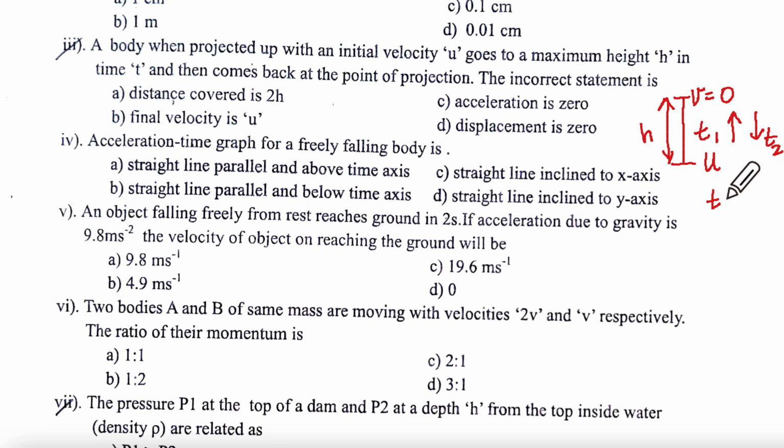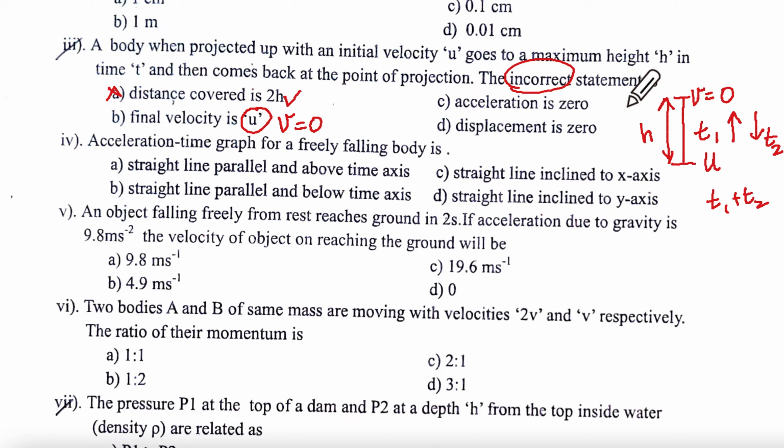Correct? Total time will be t1 plus t2. Let us see what they are saying. Distance covered is 2h. This way h and this way h, so it is correct, but they want incorrect, so we can't take this.